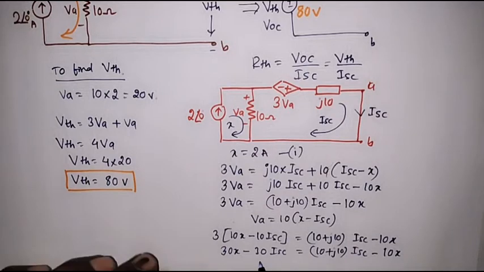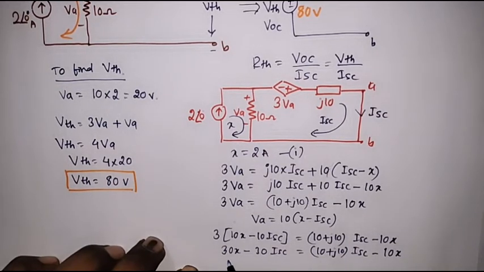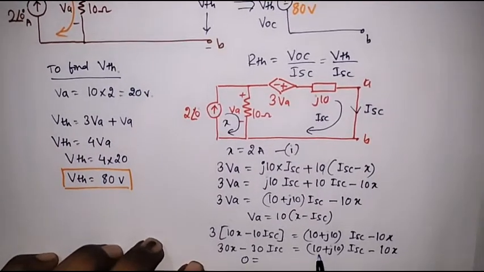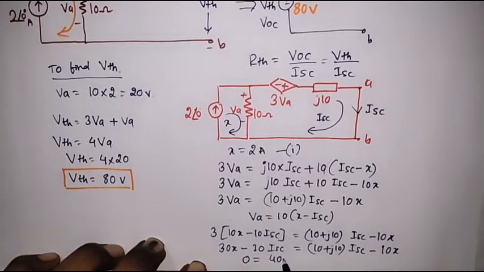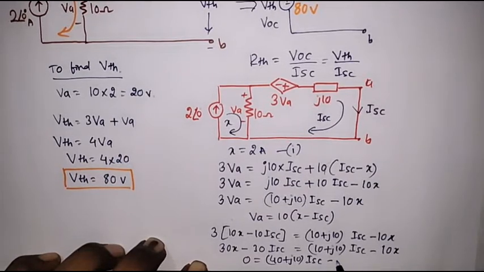So now I'll take the 30 ISC on the other side as well as 30X on the other side. I can write it as 0 is equal to 10 plus J10 ISC, which will be added with 30 ISC. It will become 40 plus J10 ISC. When I take the 30X on this side, it will become minus 30X, and with minus 10X it is minus 40X.